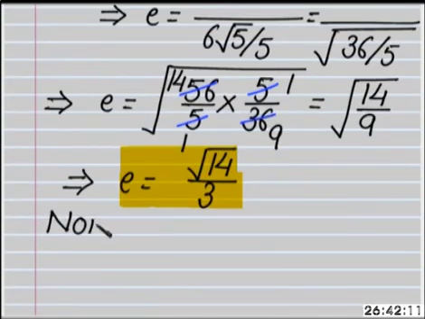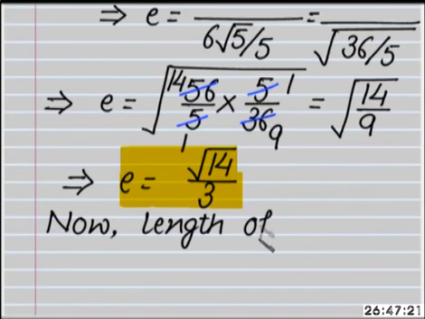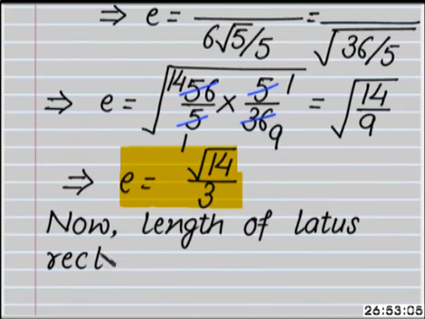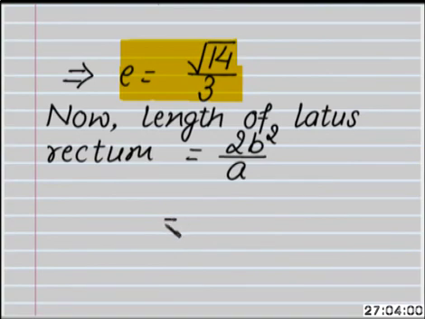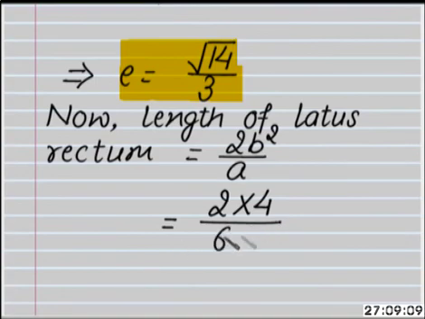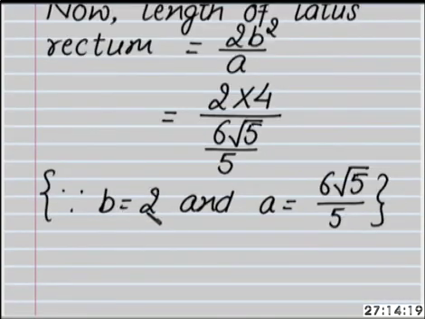Now, length of the latus rectum, which is equal to 2b square upon a, which is equal to 2 into 4 upon 6 into root 5 upon 5, because we know that b is equal to 2 and a is equal to 6 into root 5 upon 5.